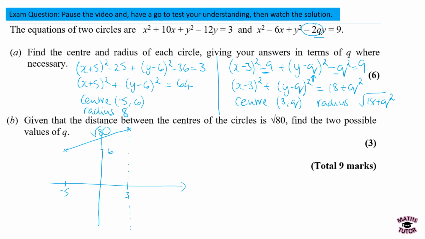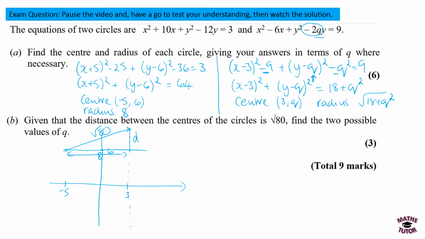Now horizontally in line with here, we go all the way to here, we know that horizontally to where in line with the second centre is, this distance here is going to be 8, and we've got here this distance, we can call it d.